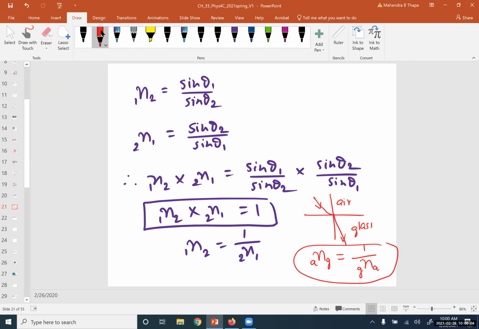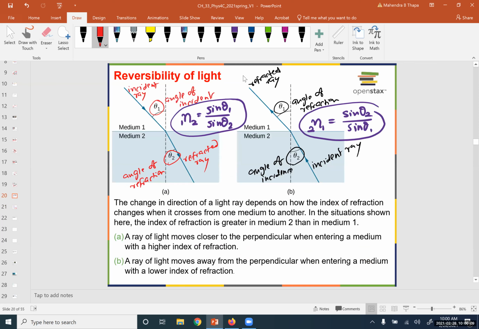So this concept will help you to understand the concept of reversibility of light. Means if you just reverse the path of the light, it will follow exactly the same path as in the previous scenario.